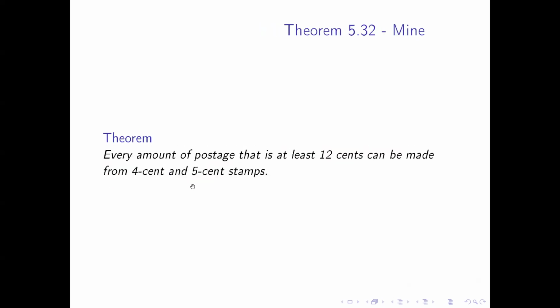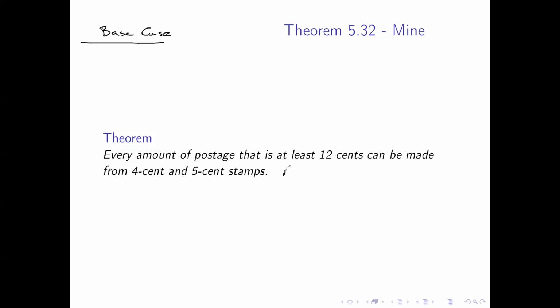What if I make this claim that every amount of postage that's at least 12 cents can be made from a 4-cent stamp and a 15-cent stamp? So let's look at this first off. We need some base cases, just like always. My claim is that it's possible. Well, here's another way to also think about this.